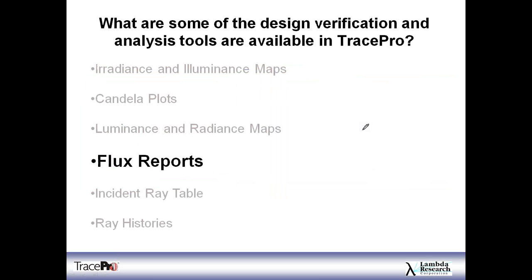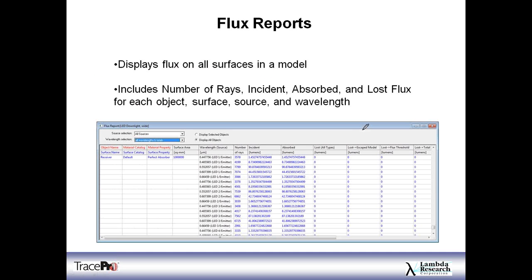Okay, moving on now, we'll take a look at the Flux report. The Flux report shows the flux on all surfaces in a model. You can set it to display all objects, or you could also set it to display just a single or selected objects.